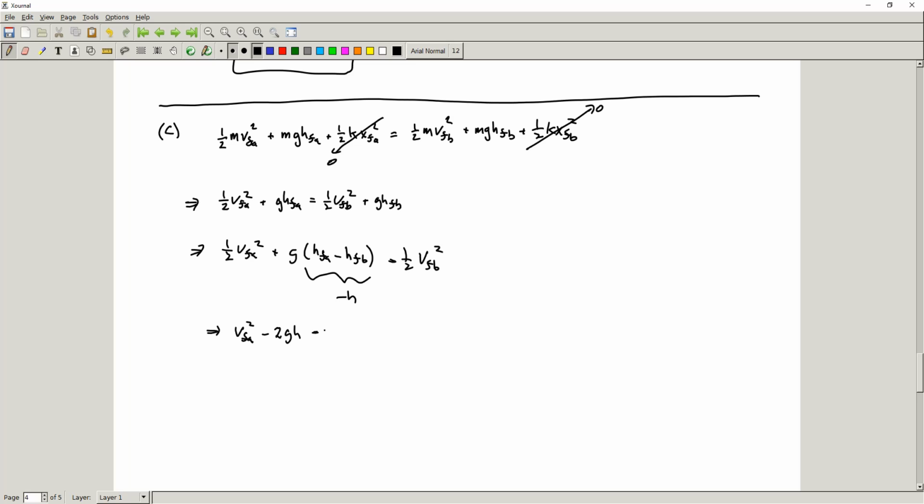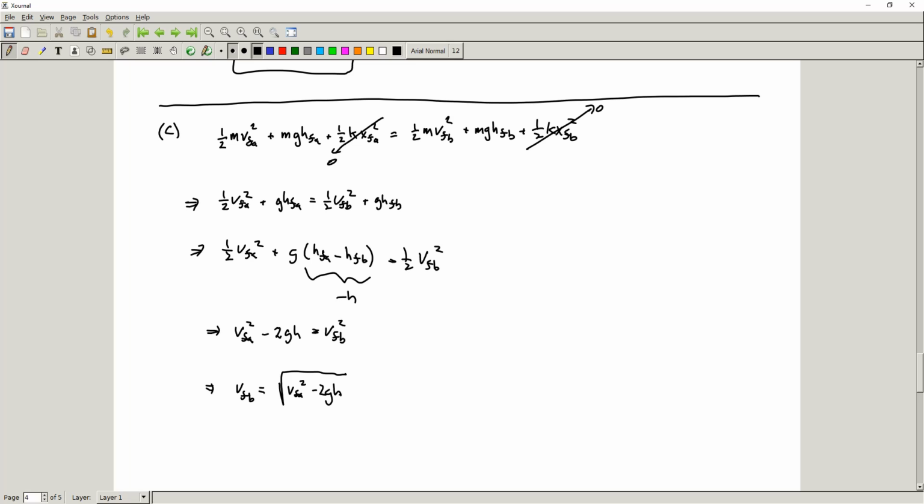Okay. And so now it's just a matter of taking the square root of both sides and solving. If we do that, we're going to find that our vFB, taking the positive square root again, is equal to the square root of vFA squared minus 2gh.